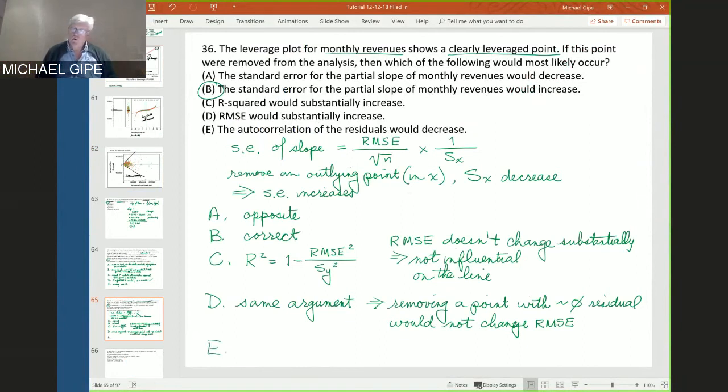How about the autocorrelation of the residuals would decrease? Residuals are independent. That's an assumption we have to make. That is, there's no correlation between individual residuals, and we have no pattern observable.